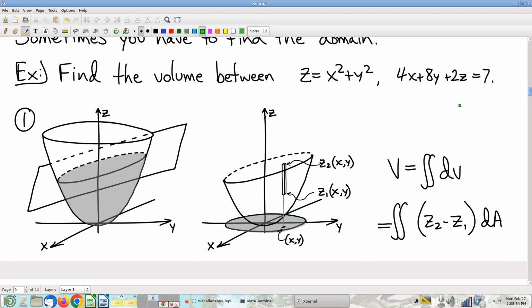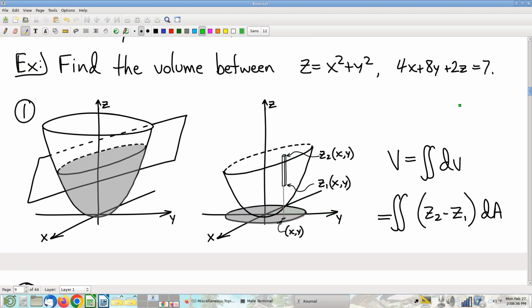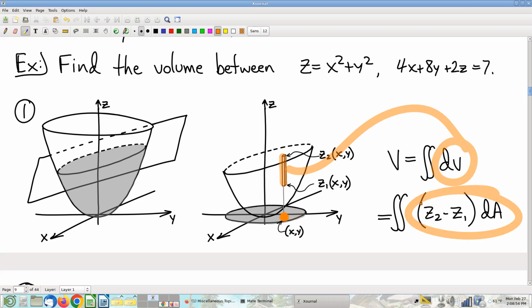Well, real quick, first of all, I want to point out the way the double integral works out. Again, we slice up the volume into vertical slices like this that come from little pieces of area down there. And this little piece of volume, a French fry, as I like to think of it, is a height times a base.